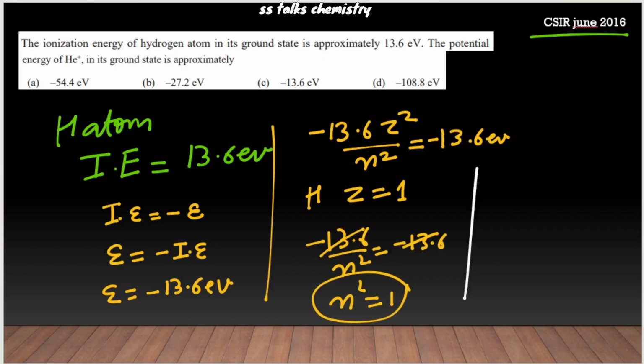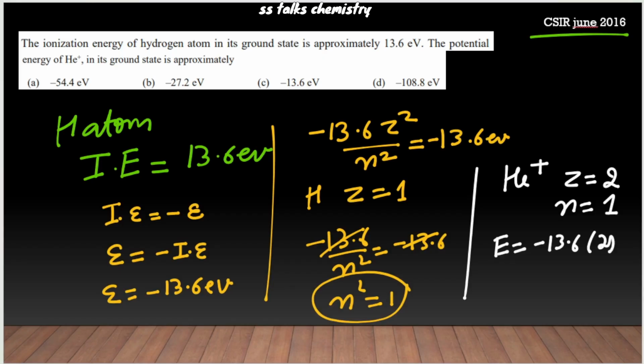Now same for the helium atom I have to find out. So helium positive, Z value will be 2, n value will be 1 again. So energy will become minus 13.6 into Z square upon n square. So minus 13.6 into 4. So 6 4s are 24, 4 3s are 12 plus 2 is 14, 54.4. Minus of this electron volt you are getting.